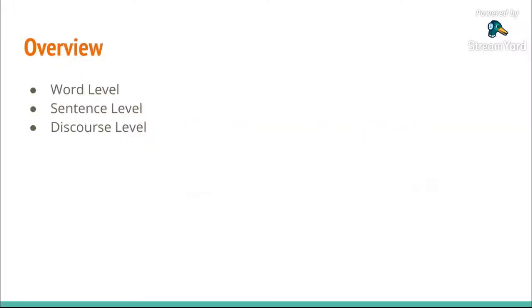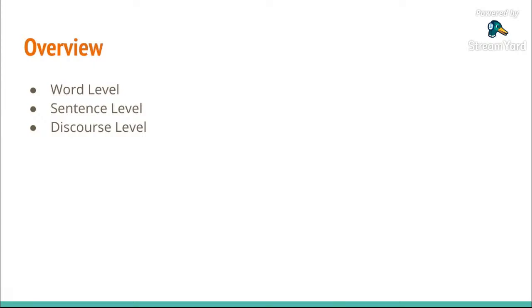So when we look at natural language processing, there can be multiple levels of processing. As the name suggests, natural language processing means processing natural language. Programming languages are like Python, C++, etc. Natural language means the human language, the languages we speak and write.